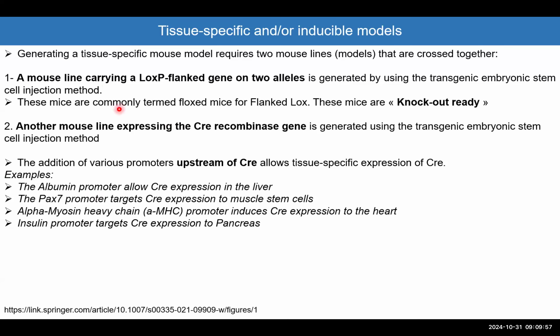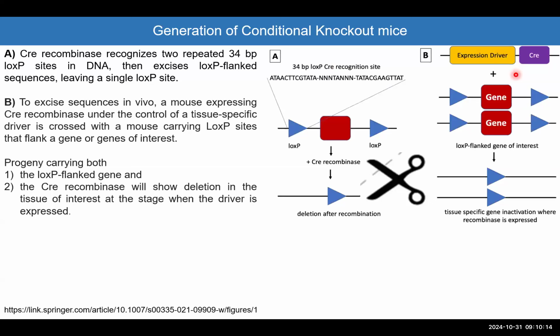In order to generate a tissue-specific model or mouse model, we are required to generate 2 mouse lines. The first mouse line should carry a LoxP-flanked gene, whatever that gene is, and it should be in 2 alleles of that gene. So if you go back here, if you have only one that is flanked and the other one is wild type, then you have a heterozygote animal. So 50% of the gene will still function.